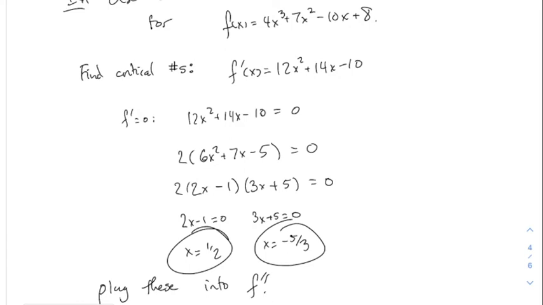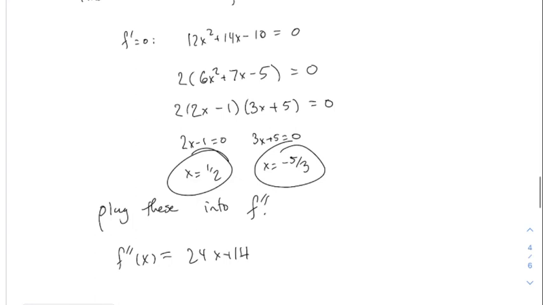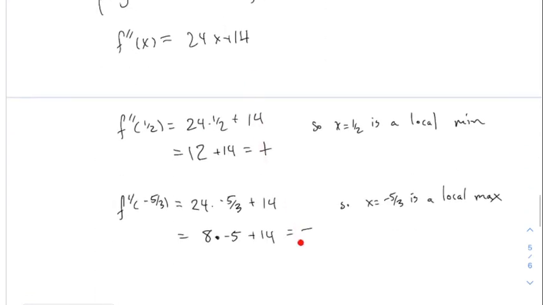And then based on the signs, you'd say up and then down, or down and then up, all right? That's the first derivative test. Instead of doing that stuff with the chart, we just plugged these numbers in and immediately said, this is a minimum, this is a maximum. It's not a whole lot easier, but I would say in this example, maybe the second derivative test is a little bit more straightforward. All right?